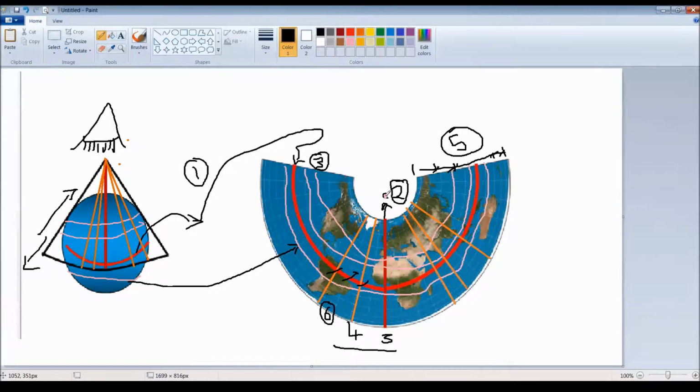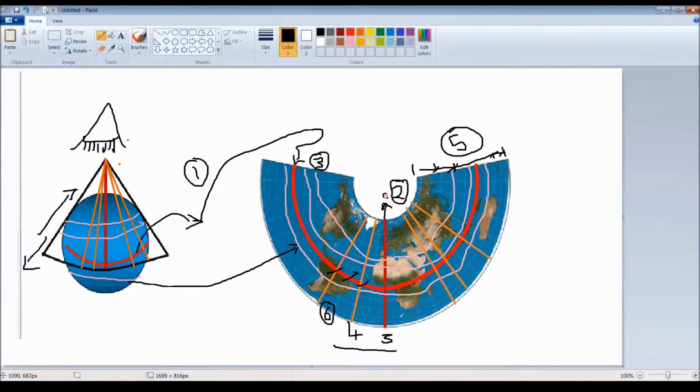Number 2, the North Pole is going to be present as a point, and it is going to be the center for all the different latitudes. That's why we call them concentric circles. Number 3, all the latitude circles are going to be circles in our projection. They share the same center, concentric.